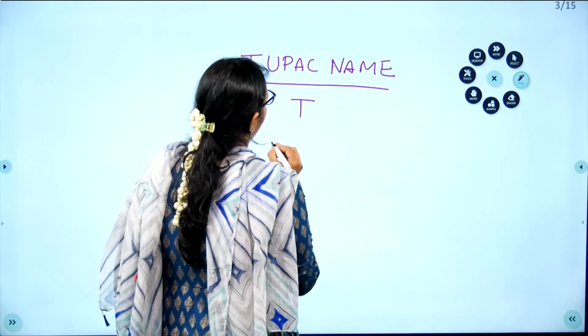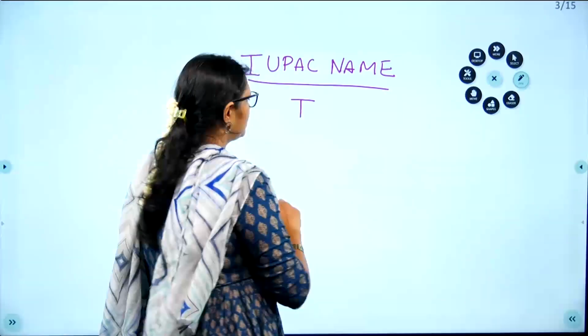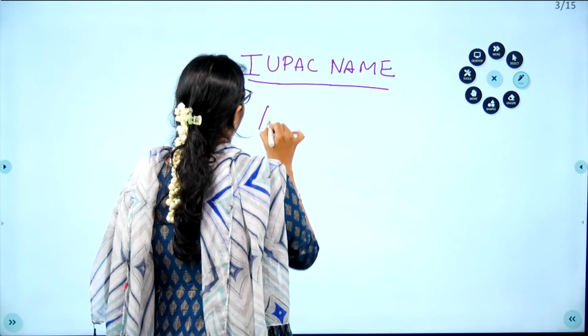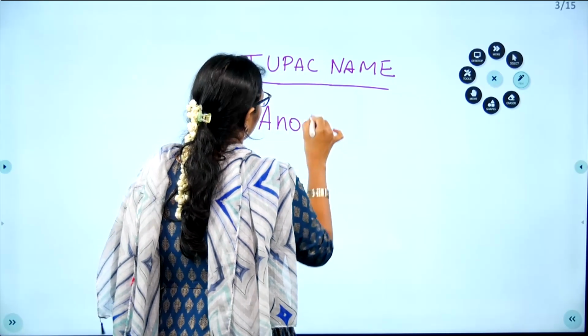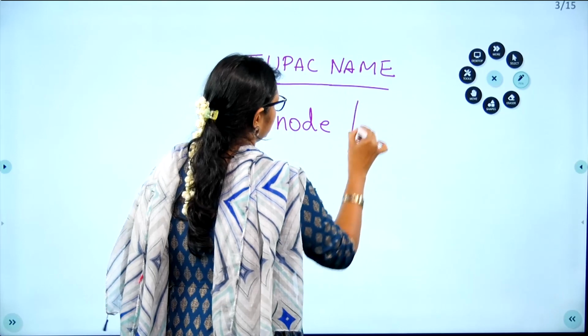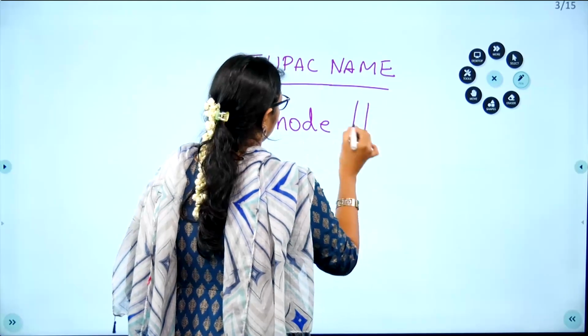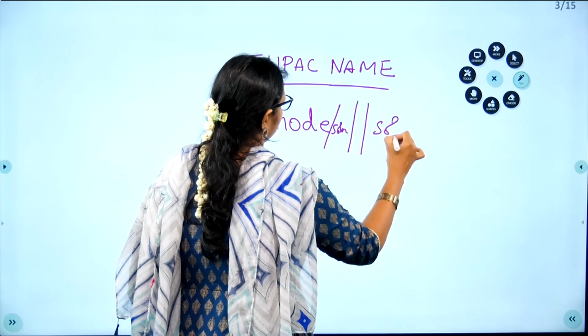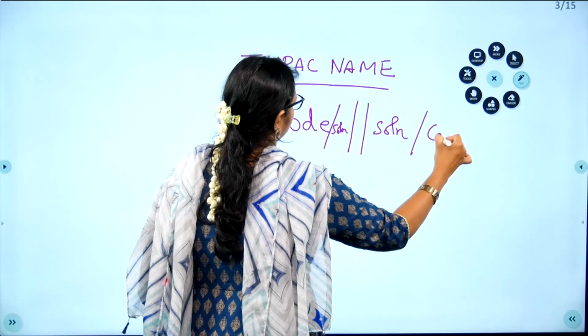Okay, in an IUPAC notation always we should start with the anode. Start with the anode, double slash, and its solution, then the cathode.